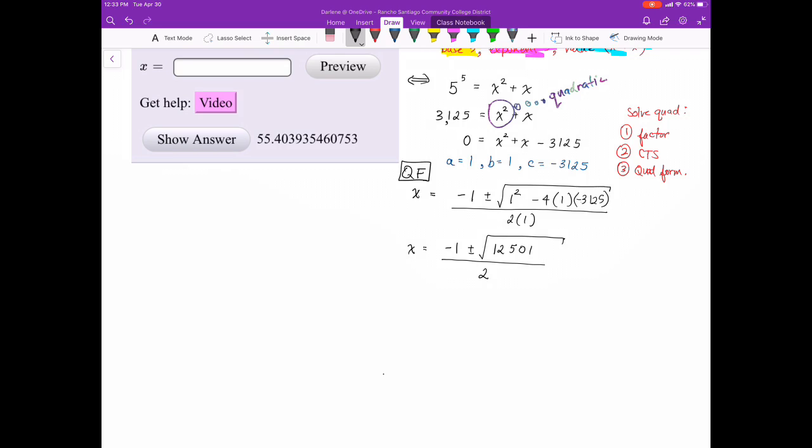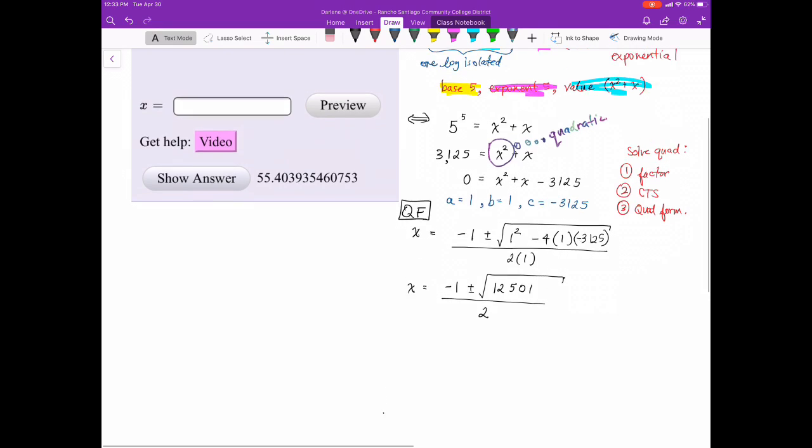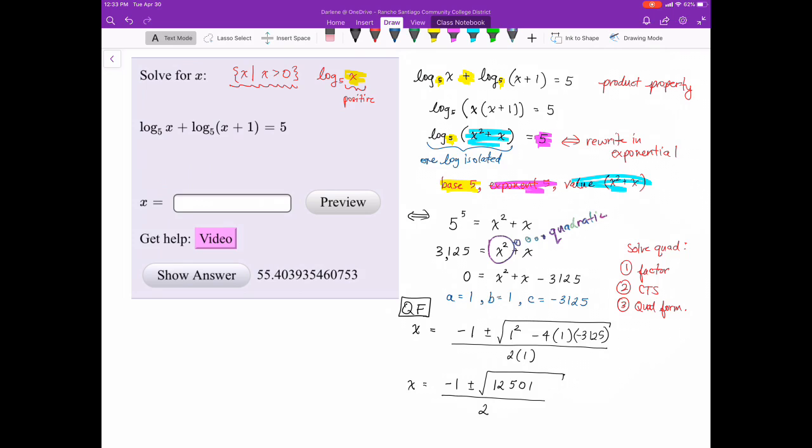This doesn't want exact values, so I'm going to leave it like that. And I'm going to remind myself of the domain of logs. So when we get plus and minus here, our brain should start thinking that I need to make sure that all these values are in the domain. And I know the domain means all positive numbers.